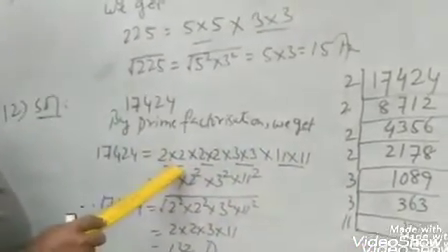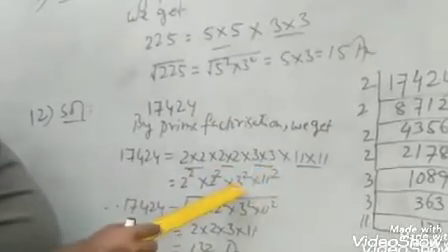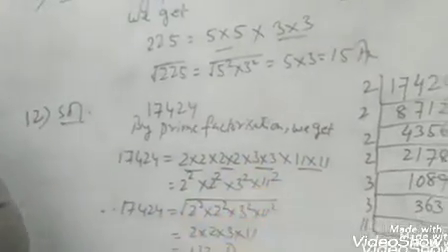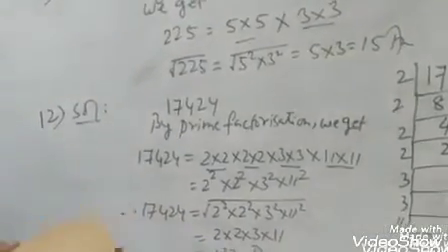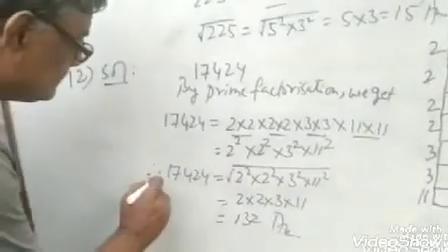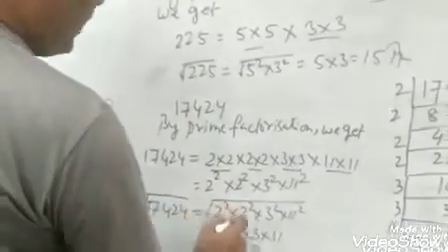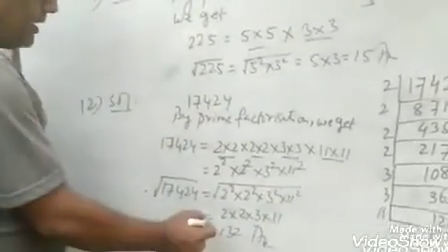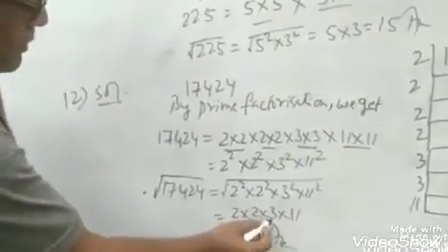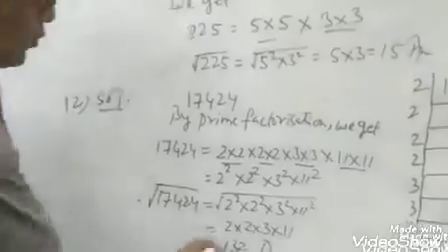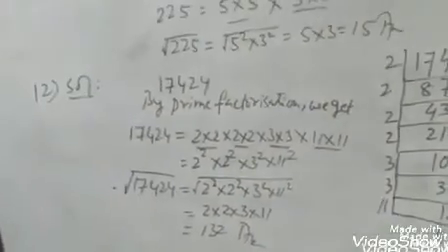That means 2 into 2 is the first pair, next 2 into 2 the second pair, next 3 into 3 the third pair, and next 11 into 11 the fourth pair. Therefore, under root of 17424 equals under root of 2 square into 2 square into 3 square into 11 square equals 2 into 2 into 3 into 11 equals 4 into 3 is 12, 12 into 11 equals 132. Therefore, square root of 17424 equals 132. This is the answer.